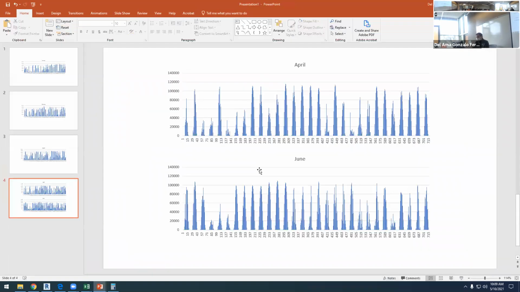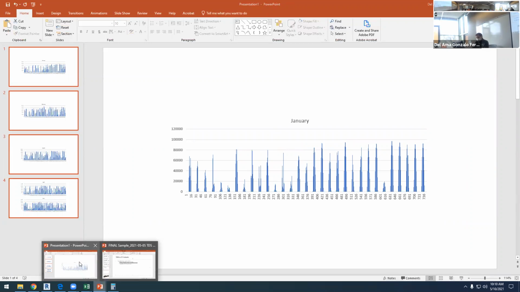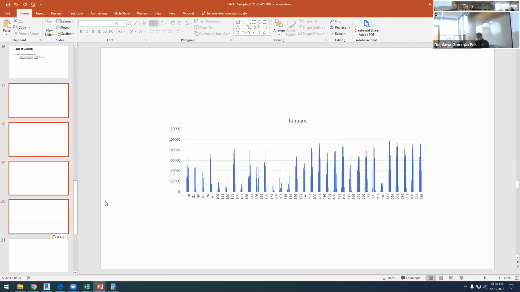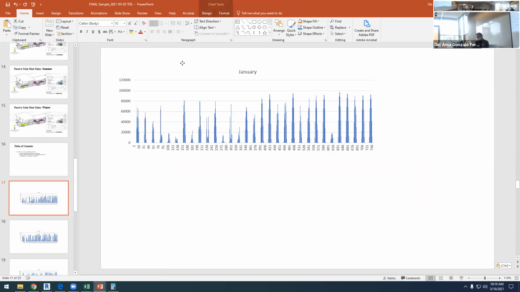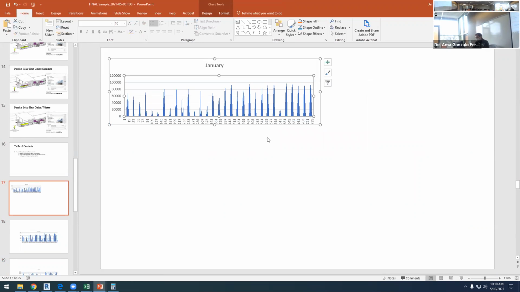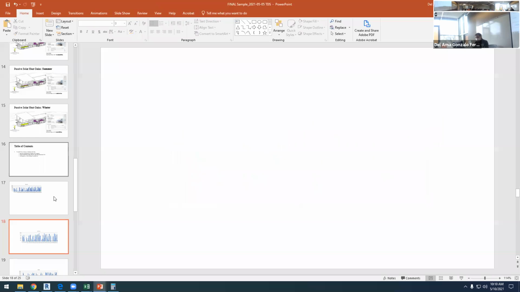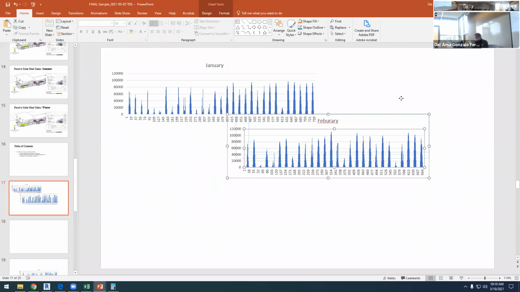And I think now we can analyze different things. So we can analyze the monthly performance. Okay, so we can analyze this in, let's try to make the most of the space. So we can copy like 4 months on the same slide.